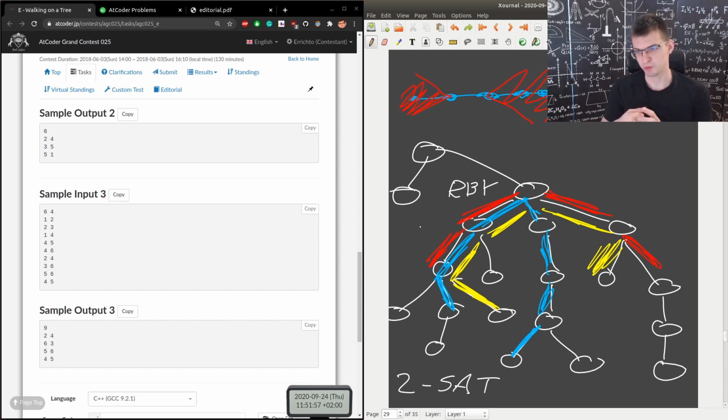If that's the case, then we need to use the fact that it's a tree, but now the goal becomes different. The goal becomes how will we do it?